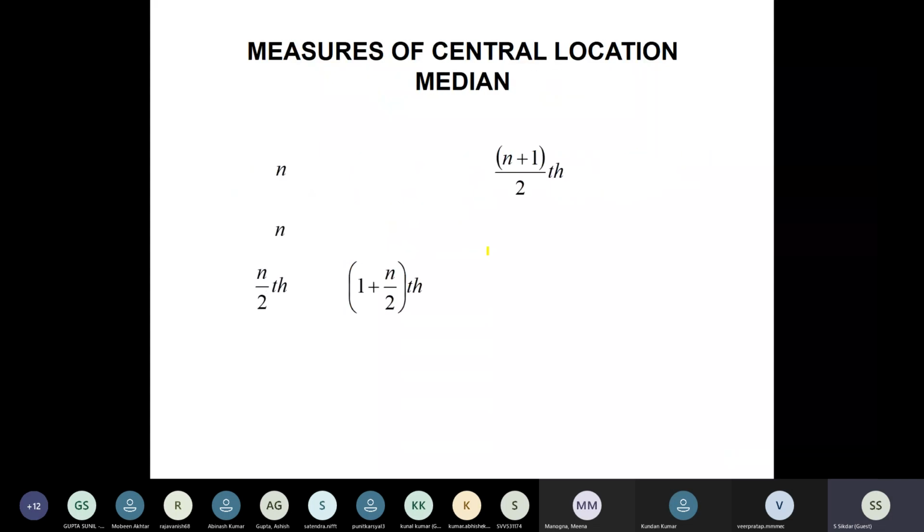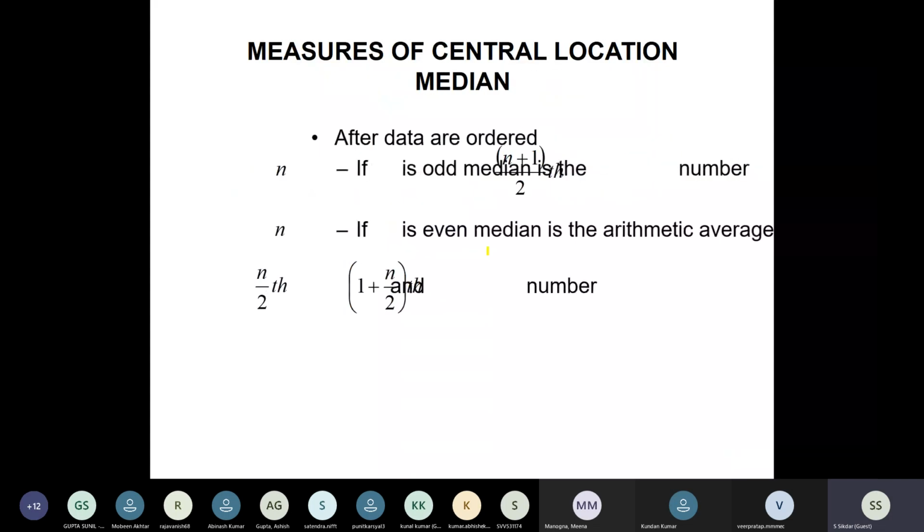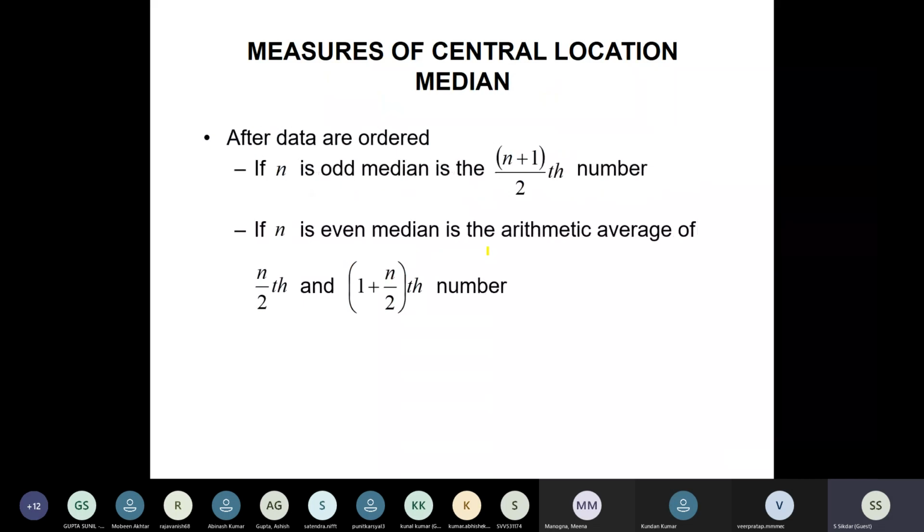Also we talked about the central location, the median, and how to find it. In finding the median, you have to order the data first. They can be in a haphazard manner, maybe 4, then 7, then 3, or 2, so you have to order them from lowest to highest or highest to lowest.